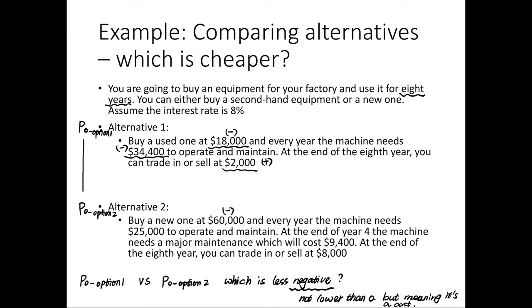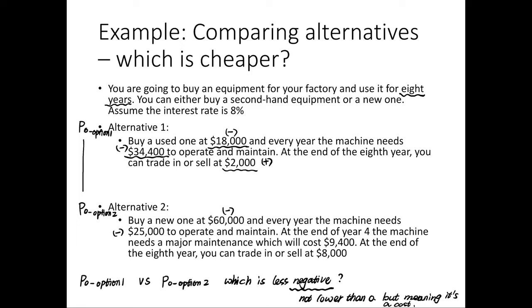That's your cost, so it's still negative. And every year, the maintenance fee and operation fee is gonna be 25,000. So you see that is lower than the 34,400 because it's newer, and still it's a cost, so it's negative.